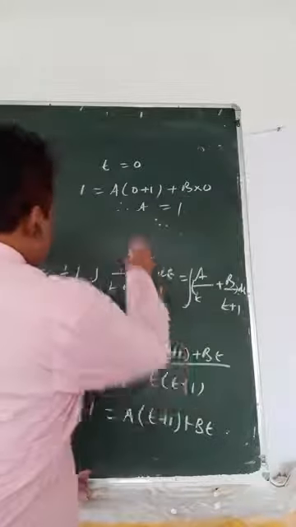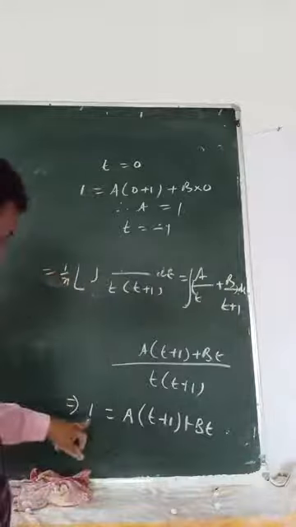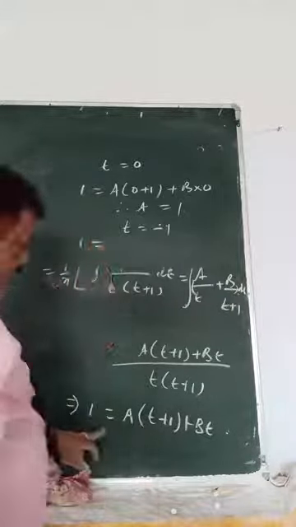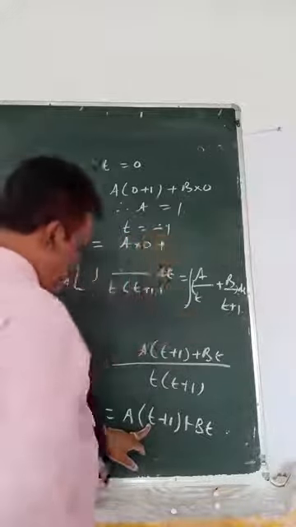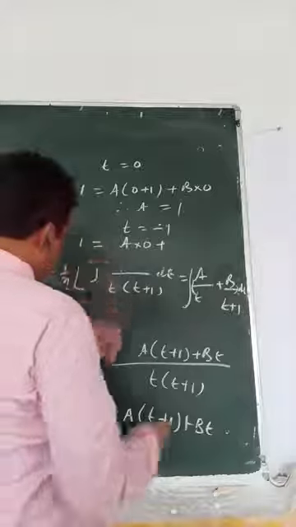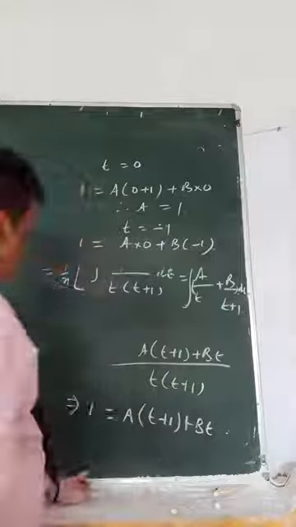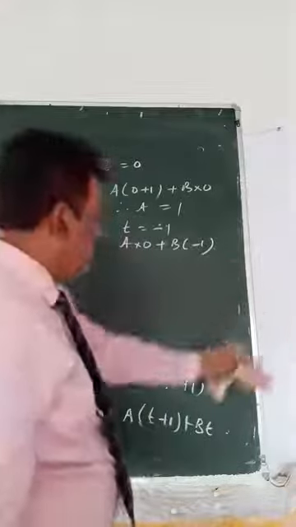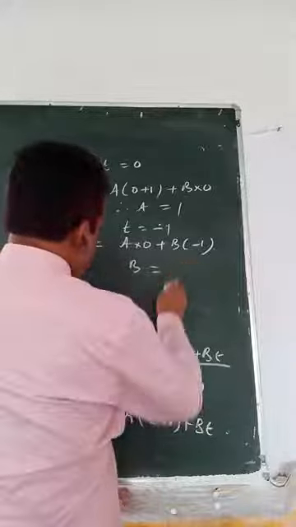Now minus 1. If you put minus 1, 1 equals a into 0 plus b into minus 1. So 1 is minus b, b is equal to minus 1.